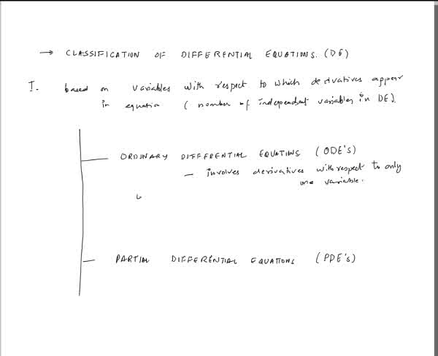Okay, so let me give you a couple of examples. Here you see you have derivatives with respect to only one variable. The derivatives are with respect to x. So that's why this becomes an ordinary differential equation.